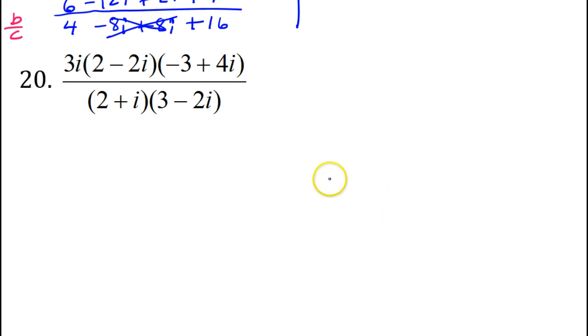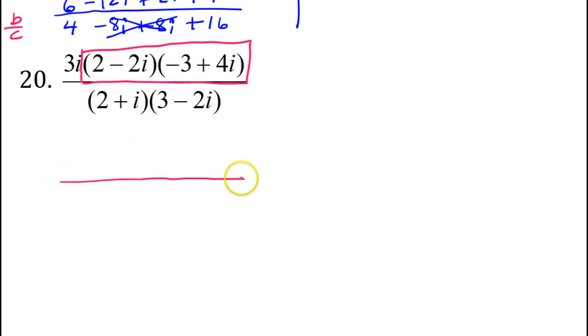Okay, for number 20, we need to multiply all this out before we even get started. So let's do that. Okay, so first I'm going to do this right here. I'm going to go ahead and double distribute these two things. So let's see what I get.